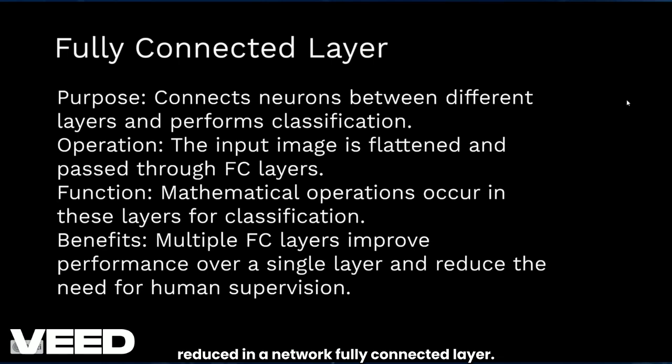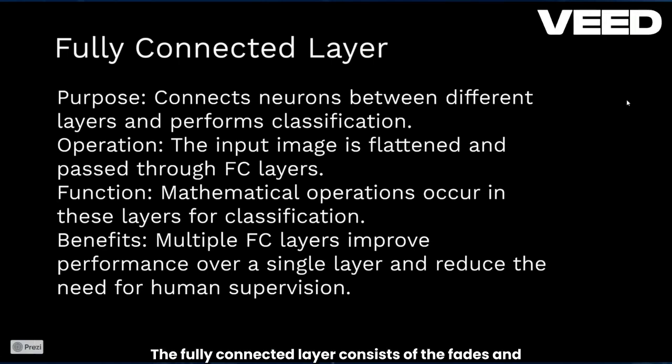Fully connected layer. The fully connected layer consists of the weights and biases along with the neurons, and is used to connect the neurons between two different layers. These layers are typically placed before the output layer and form the last few layers of a CNN architecture. In this, the input image from the previous layers is flattened and fed to the fully connected layer.